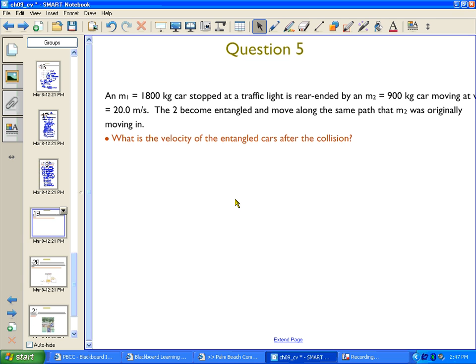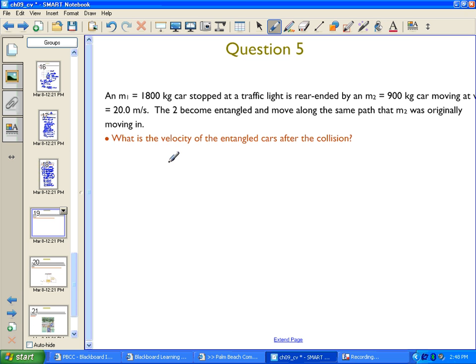The two then become entangled and move along the same path that m2 was originally moving in. In other words, they both move along the positive i-hat direction. We are asked to determine the velocity of the cars that have become entangled following the collision. Now, it is important here to note that this collision does not conserve energy, but rather only momentum.